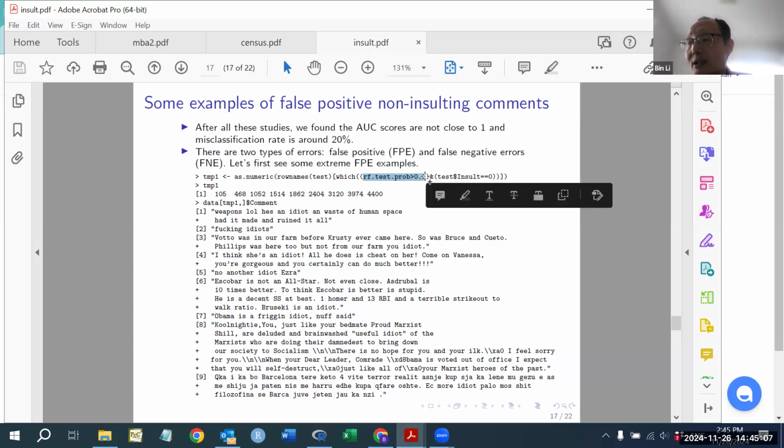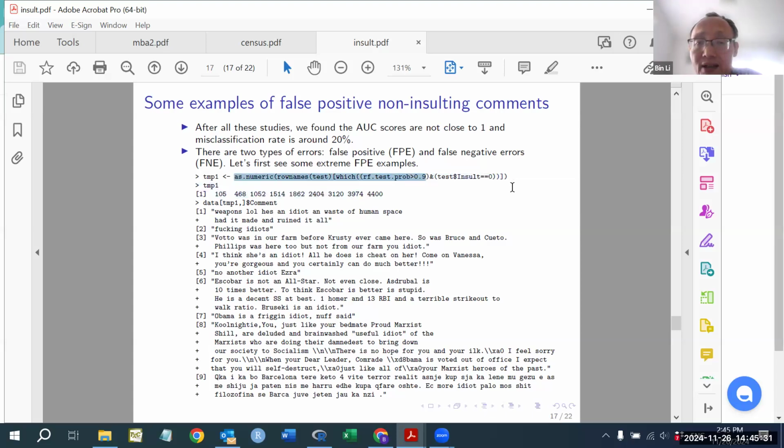From the eye of the random forest classifier, we have over 90% chance that the commentary is insulting, but the real-world label is that it's actually neutral. So I want to select those mistakes. I found these are the samples where I made false positive errors.